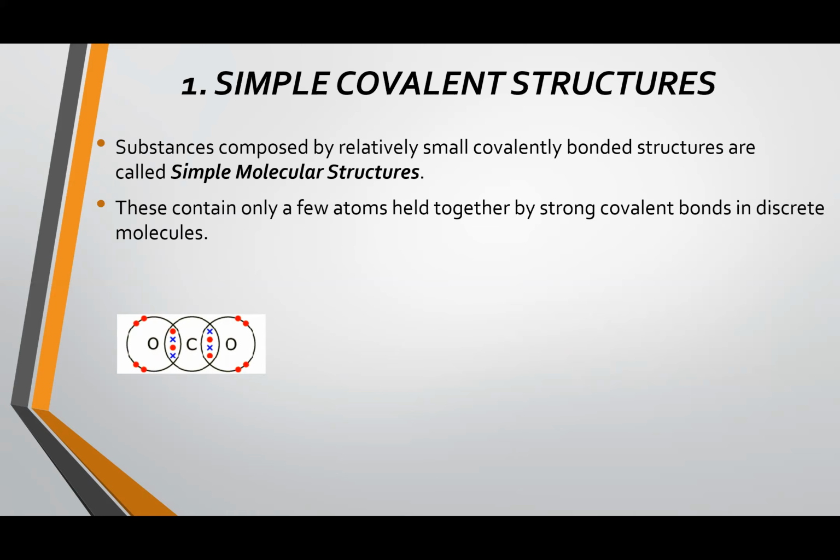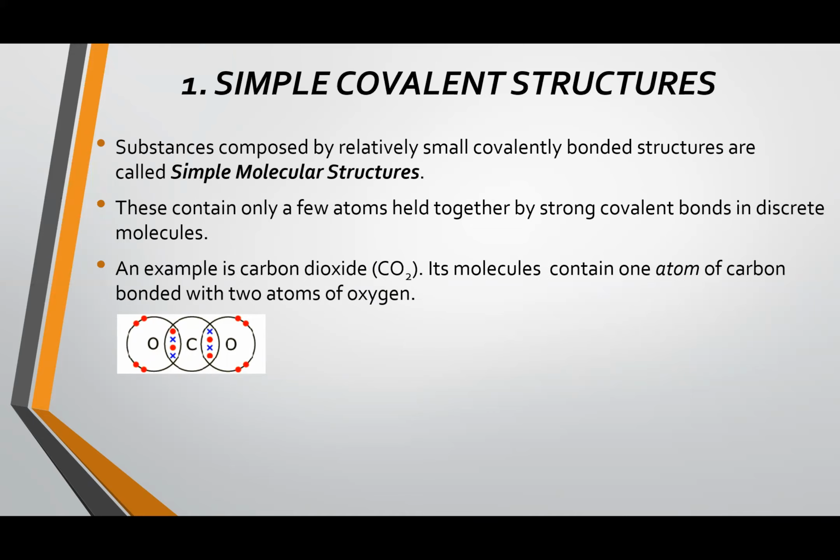And in these molecules, only a few atoms are held together by strong covalent bonds. When you analyze those molecules, you find that the number of atoms shown in the molecular formula is exactly the number of atoms you find in the molecule.